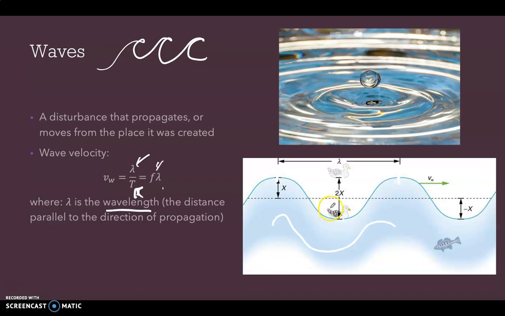Okay, so hopefully you guys thought about it a little bit. If not, that's okay. But the time it takes for this seagull to bob up and down means that it is the period of this wave. Basically, it's the time it takes for one wave to go up and then back down.